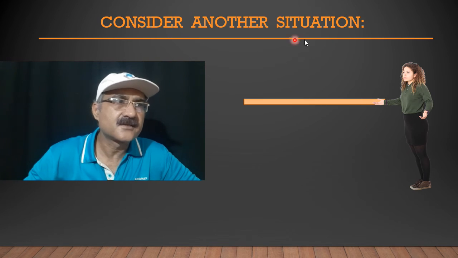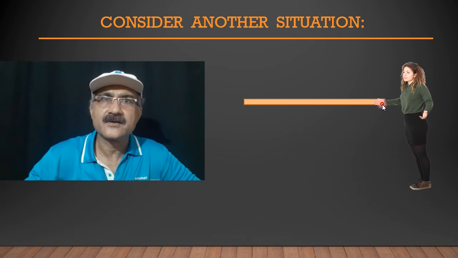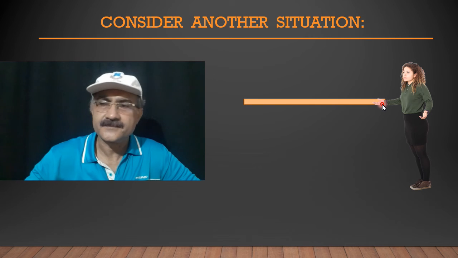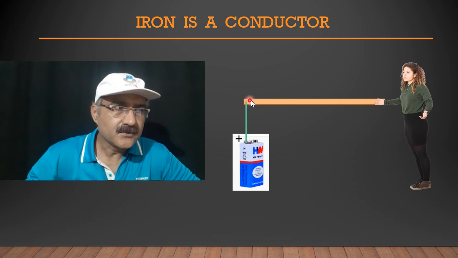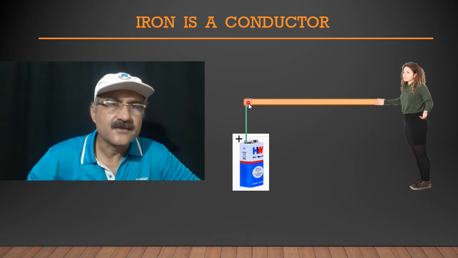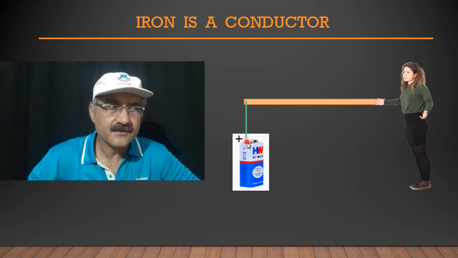Now consider another situation. Say we take an iron rod and we hold it with our hand. Now we want to put some charge on this end of the iron rod. So say I take an electric cell, a battery, and connect the positive terminal of the battery to this end of the rod.